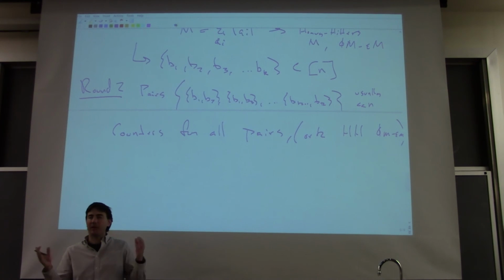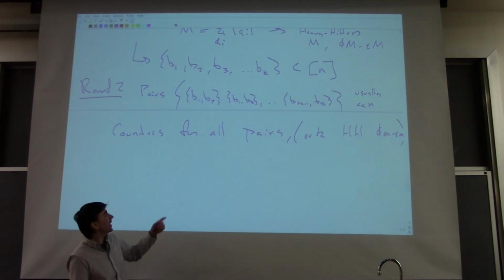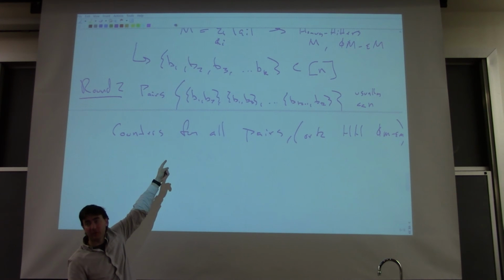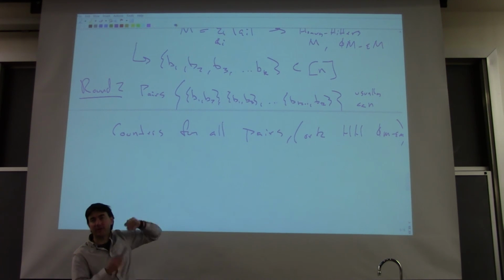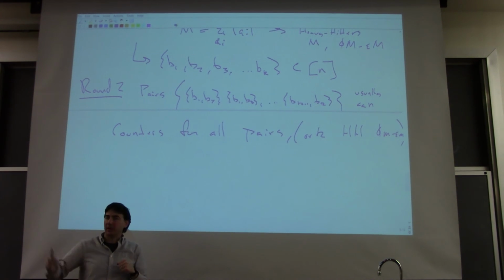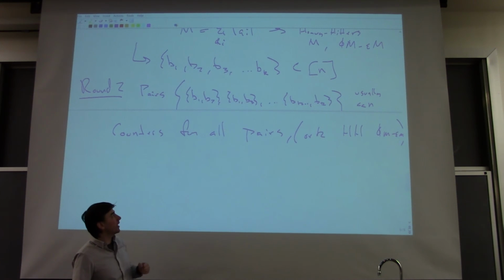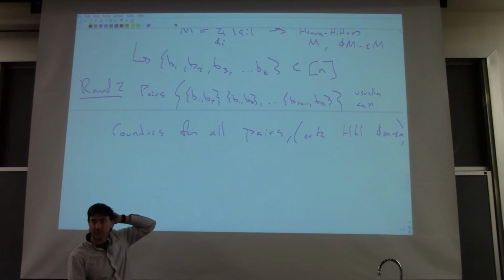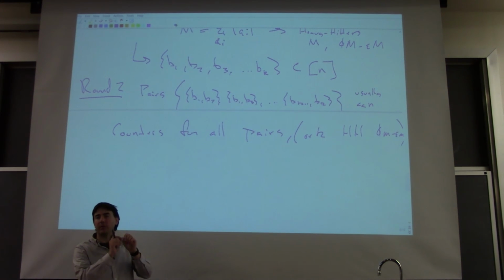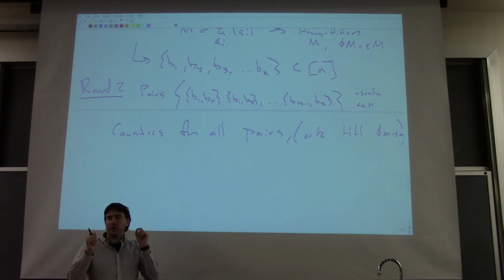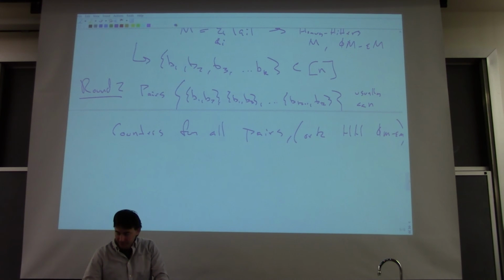But if it's not one of the k items that I found from round 1, I can ignore that completely. I don't need to worry about that one anymore. I only care about pairs where I see a market basket with things that were interesting after the first filter.